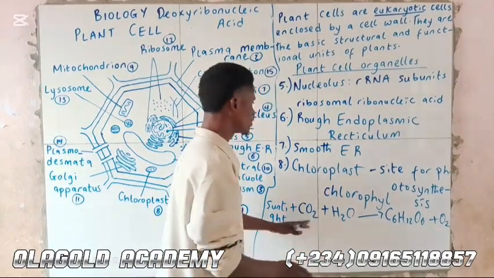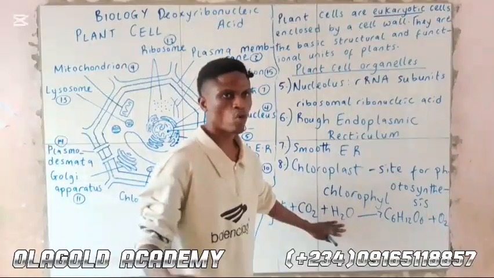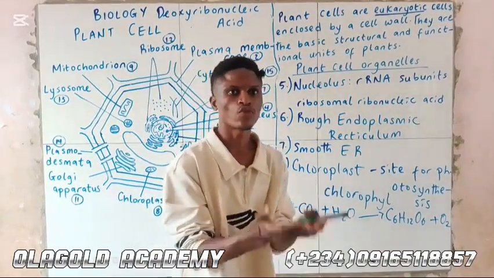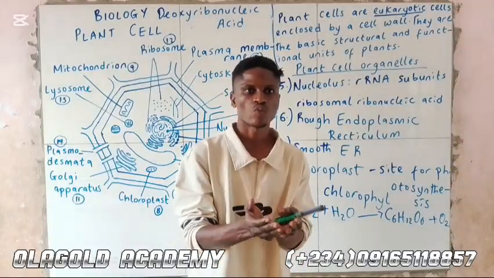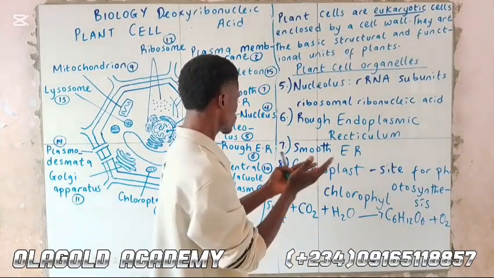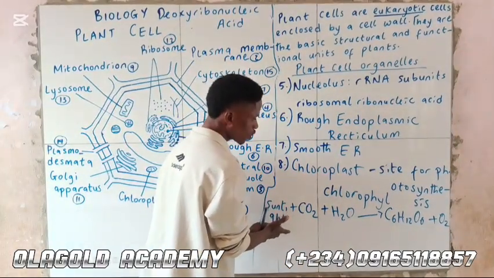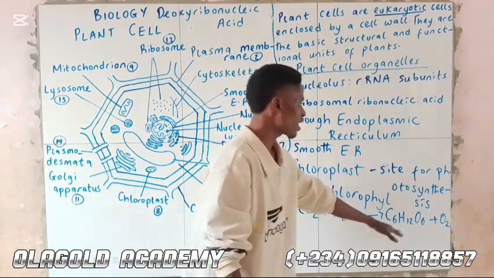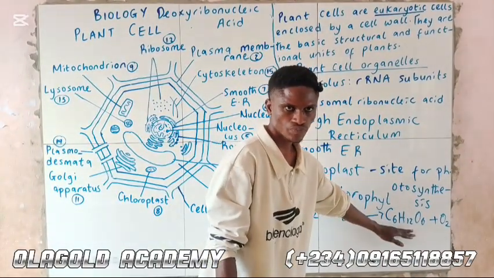Carbon dioxide from the air and water from the roots, both are present on the leaf of the plant. Now, during sunshine, the sunlight works together with these two substances to synthesize glucose.